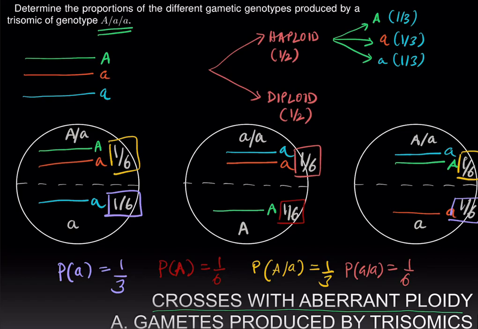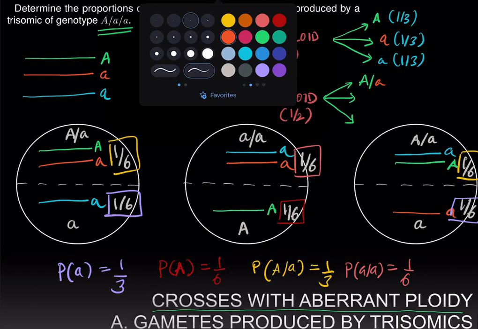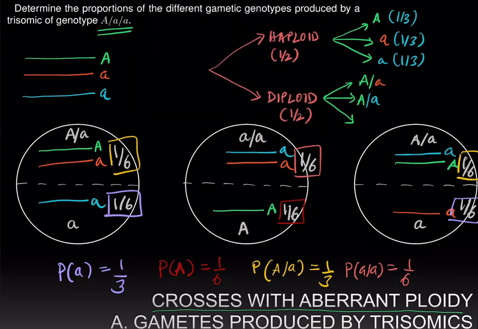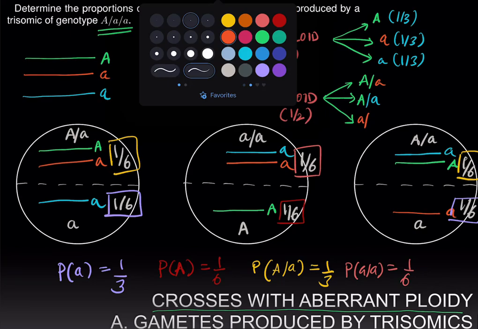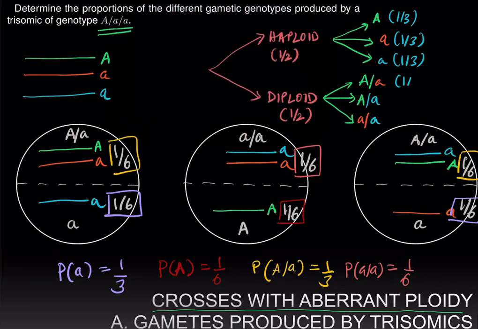Now, if you are a diploid gamete, you also have 3 possibilities. You could be big A with the orange little a, or you could be big A with the blue little a, or you could be little a over little a, and all of these also have a 1/3 probability.